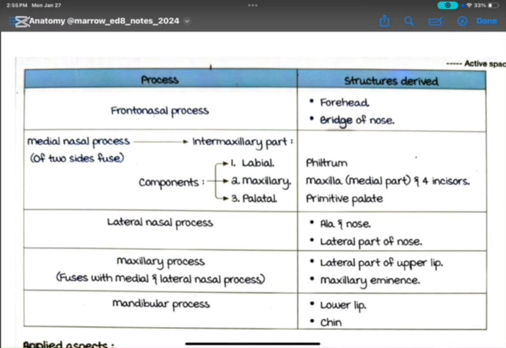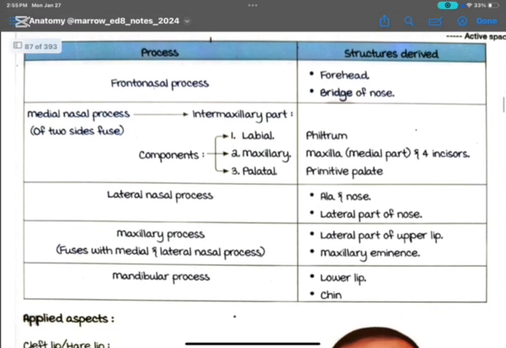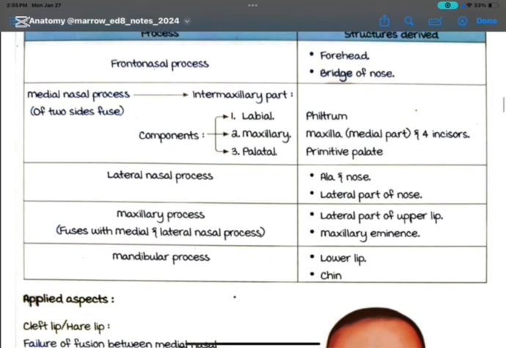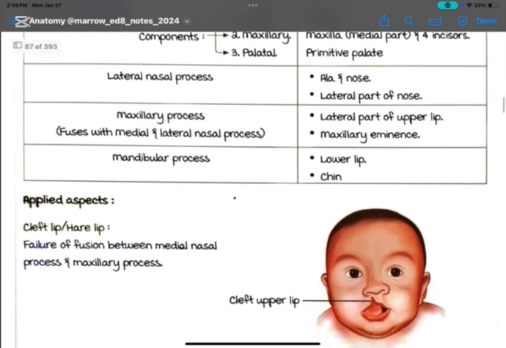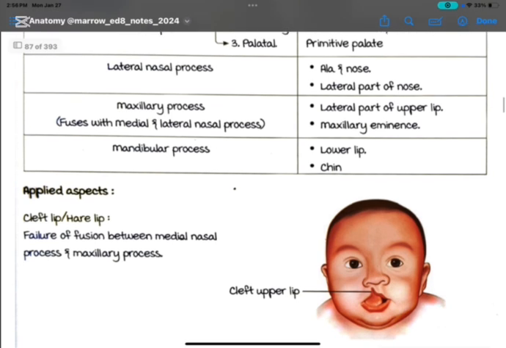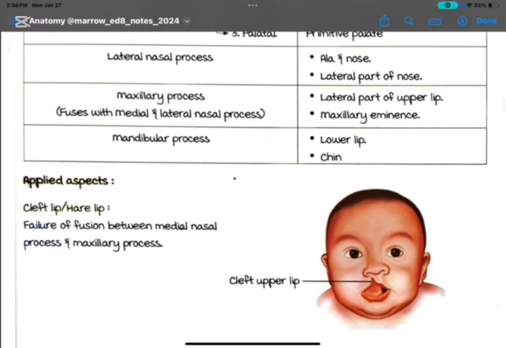Components: labial, maxillary and palatal. Structures derived: philtrum, maxilla, medial part and 4 incisors, and primitive palate. Lateral nasal process, ala of nose, lateral part of nose. Maxillary process fuses with medial and lateral nasal process, lateral part of upper lip, maxillary eminence. Mandibular process, lower lip and chin.